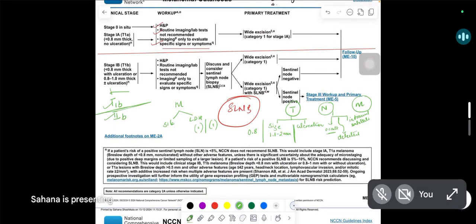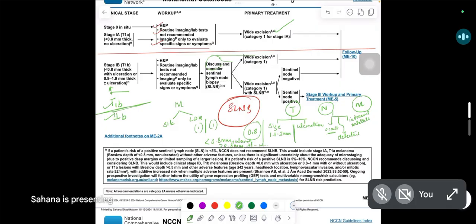Anything below T1B, that is, the lesion is less than 0.8 mm and does not have any ulceration, then you can simply do wide local excision. No need to do SLNB. That is clear cut. Now, for a lesion of 0.8 mm or less but with ulceration, or the lesion is more than 0.8 mm with or without ulceration, then you have to discuss with the patient their willingness for SLNB.